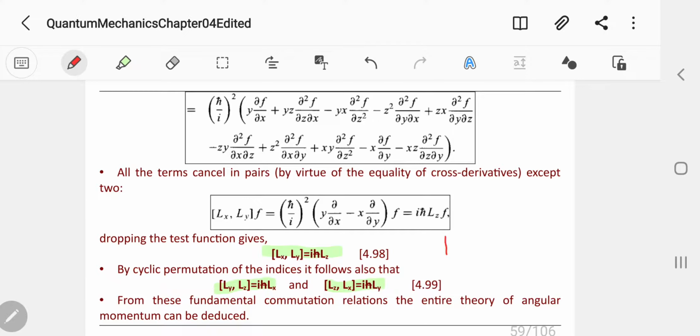If you change the order, Ly, Lx, this would just be equal to negative i h-bar Lz. Here you have LxLy, and then here you have LyLx.